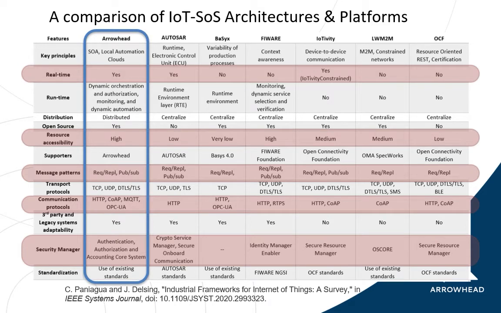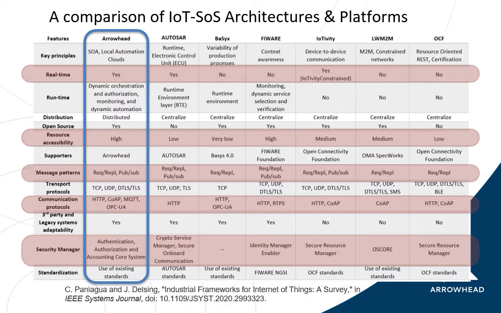Now, to put Arrowhead into the perspective of other similar IoT or system of systems architectures and platforms, in this picture you can see the comparison of Arrowhead with AUTOSAR, BaSyx, FIWARE, IoTivity, lightweight machine-to-machine LWM2M, or OCF platforms or architectures. And you can see that the specifics of Arrowhead is really that it is based on service-oriented architectures and local automation clouds.